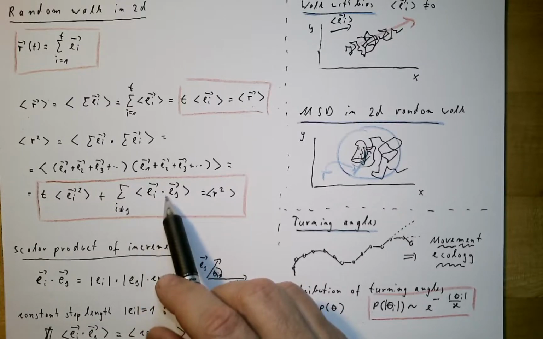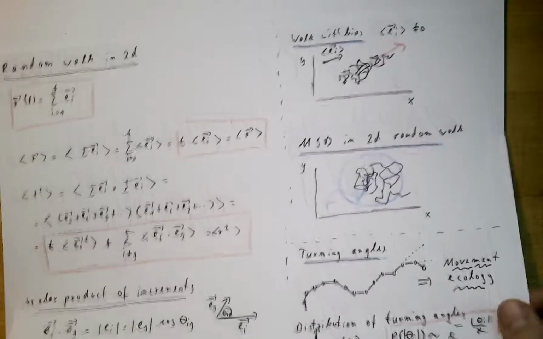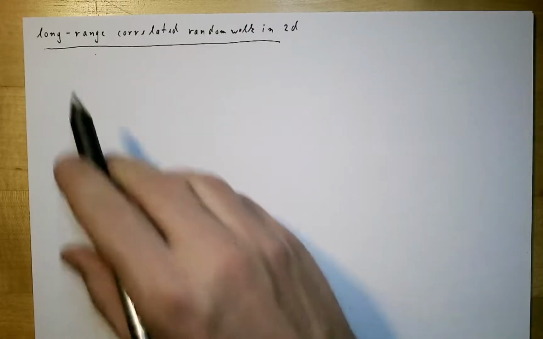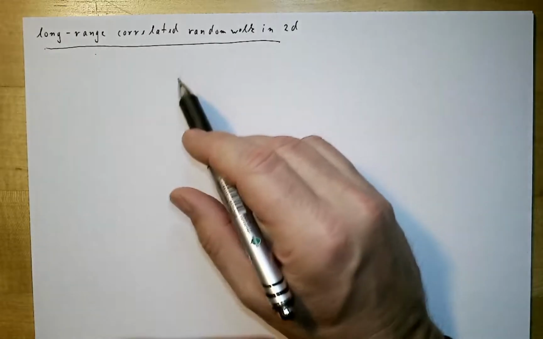And let's first start to look at these walks where this term decays very slowly in time. So we're interested in random walks in 2D which are long-range correlated.